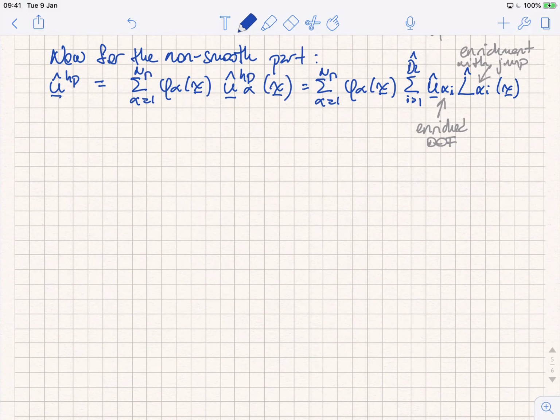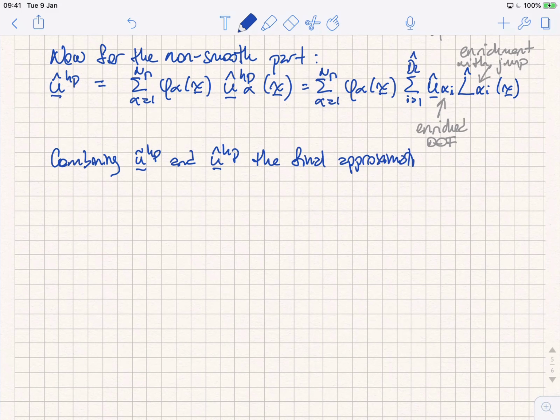By combining these two, just for completeness, we're going to have my partition of unity, and that is going to paste together these two different things.